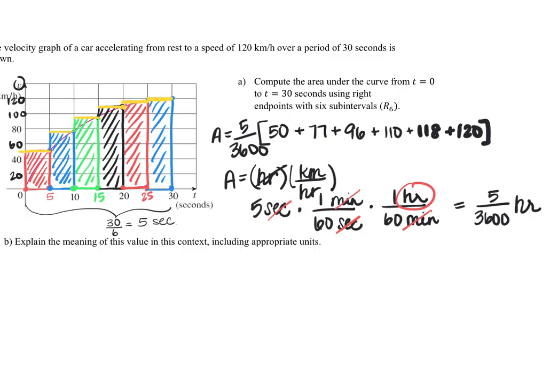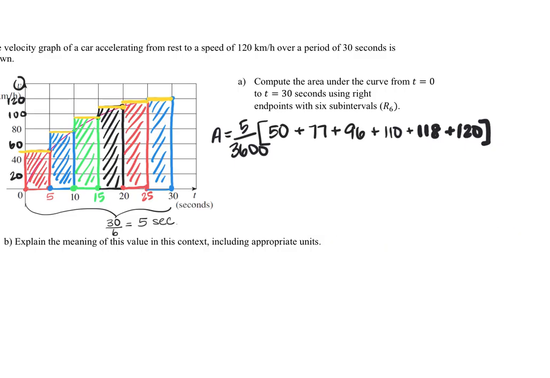So our hours will divide out and give us a final measurement in kilometers. So grab your calculator and let's do this summation and then multiply by 5 divided by 3,600. And hopefully you are getting an area of 0.79. And again, the units of measurement are kilometers.